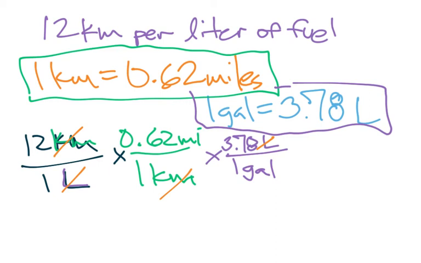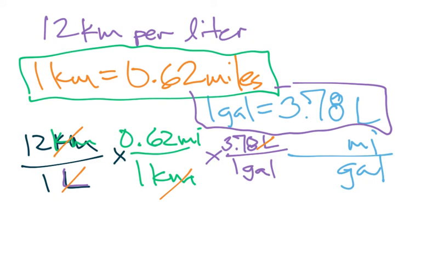I know I'm going to be left with this conversion to this unit of miles per gallon, which is what I want, but it looks like I have some multiplication of decimals to go on here. So I'm going to do that decimal multiplication first of the 3.78 times 0.62. I erased a little bit to give myself some space here. You shouldn't have to wait for me, but I am going to walk through it. 8 times 2 is 16, carry the 1, 7 times 2 is 14, plus 1 is 15, carry the 1, 3 times 2 is 6, plus the 1, 7. So 756.